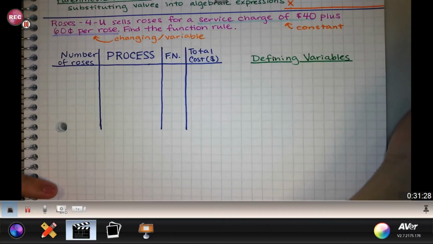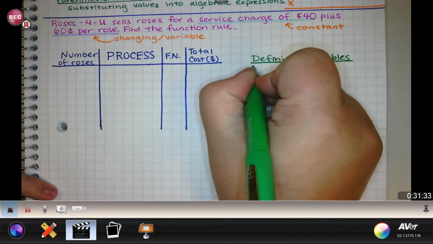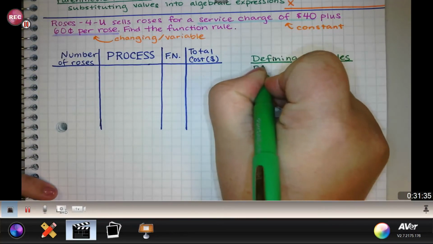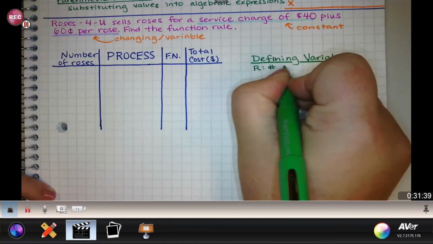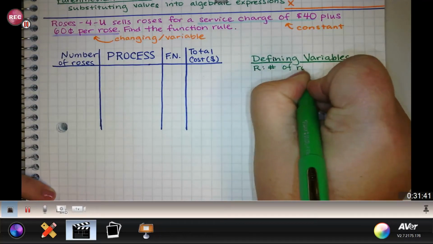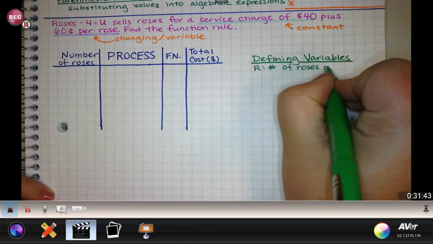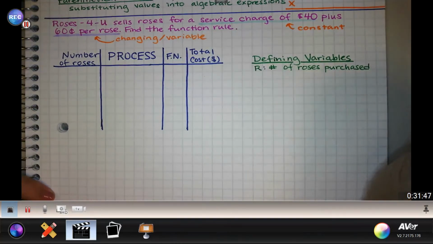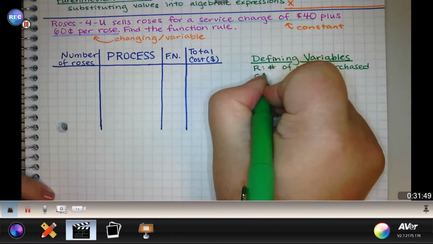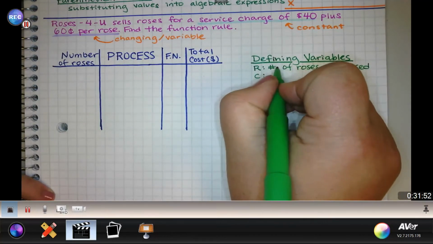So defining means like how you define a word, you're going to define what the variable means. So I'm not even going to be very clever here. I'm just going to have R, and that represents number of roses purchased. Okay, and then C is going to be total cost.